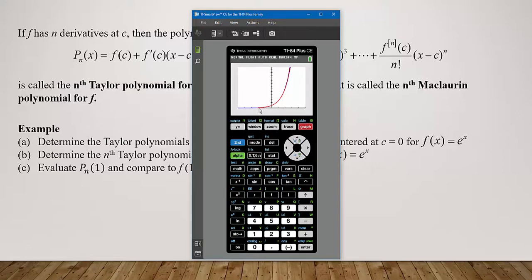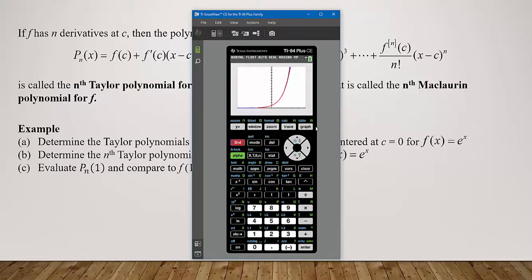It looks like the graphs coincide for a little bit larger interval. So as you add on more and more terms, the approximating polynomial starts to match up better and better with e to the x. And in fact, we looked at evaluating the fifth Taylor polynomial at 1 and comparing it to f of 1.